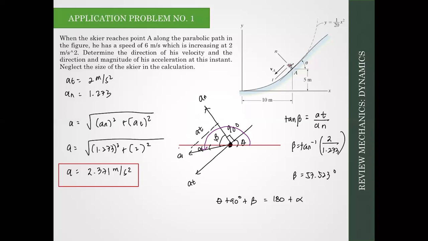Okay? Let's substitute what we calculated earlier: 45, 90, 57.523 is equal to 180 plus alpha. So our alpha will be equal to 45 plus 90 plus 57.523 minus 180. So our alpha is 12.523 degrees.